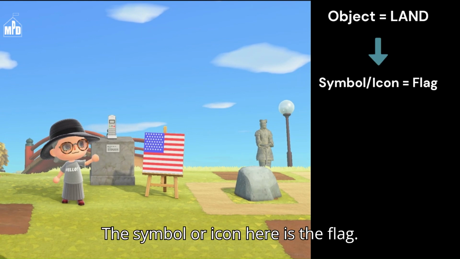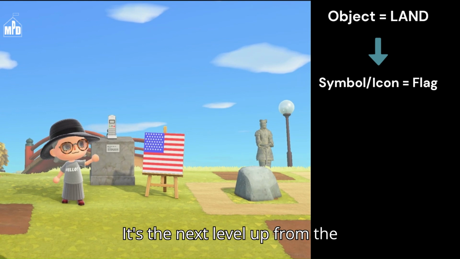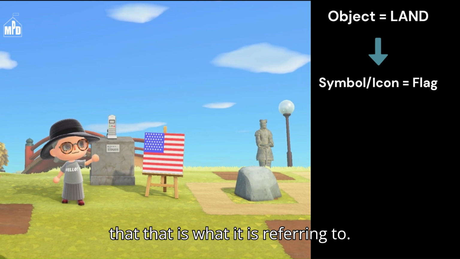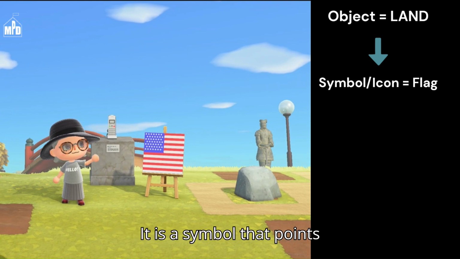The symbol or icon here is the flag. It's the next level up from the object in terms of abstraction. So when we see it, we know that that is what it is referring to. It is a symbol that points back to an object.